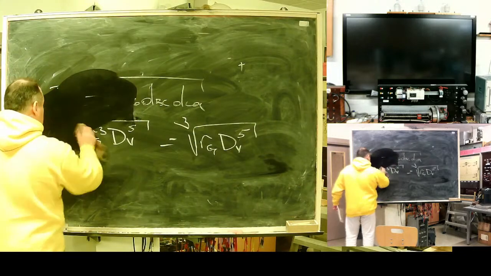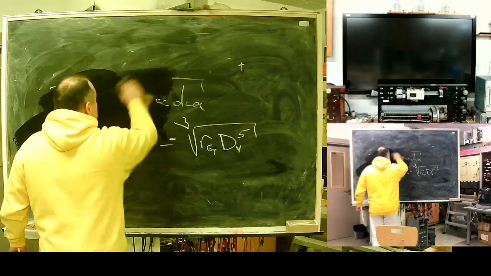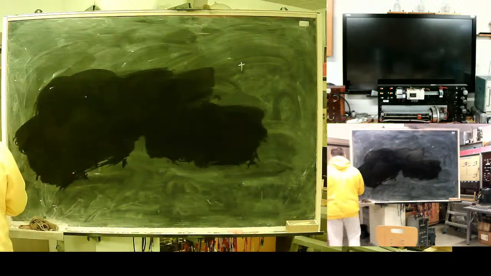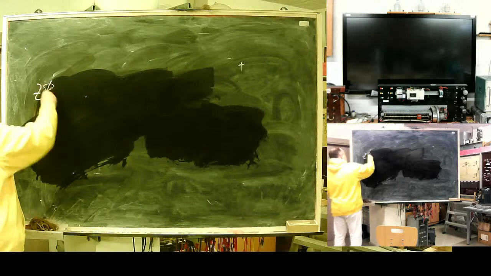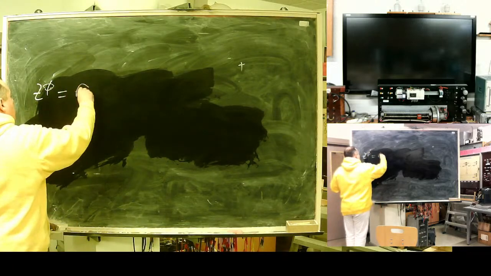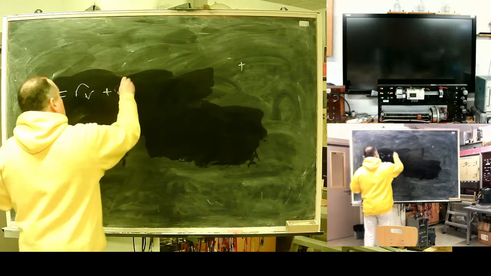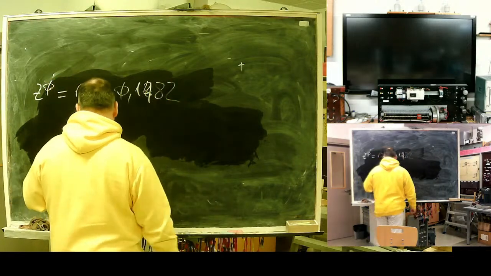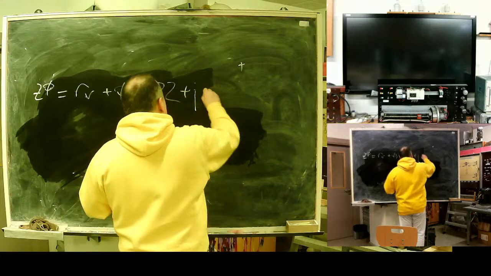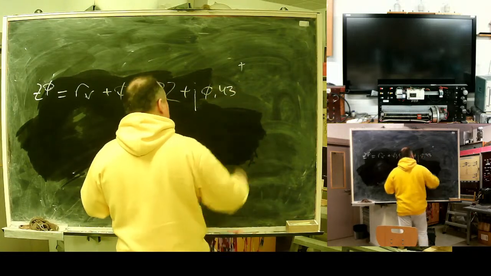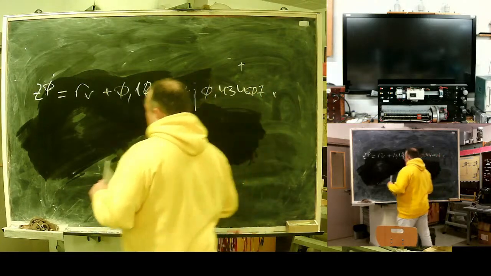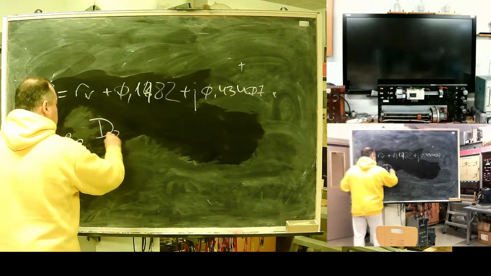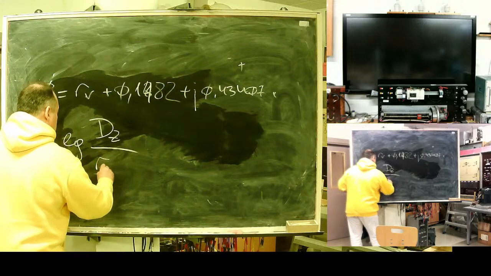Now, finally, I can stop writing zero sequence resistance as wire resistance plus 0.1482, plus j 0.43407 multiplied by decimal logarithm of depth divided by R sigma.